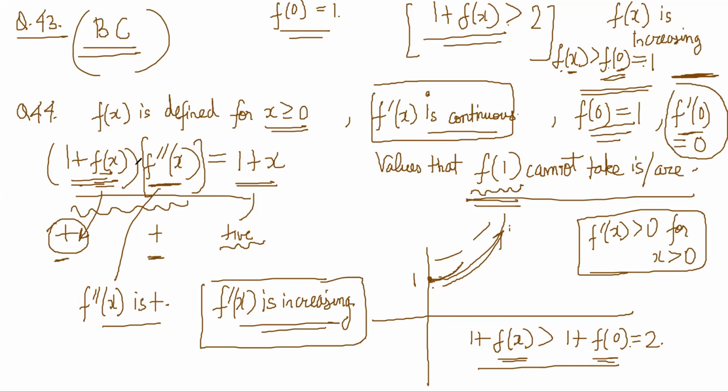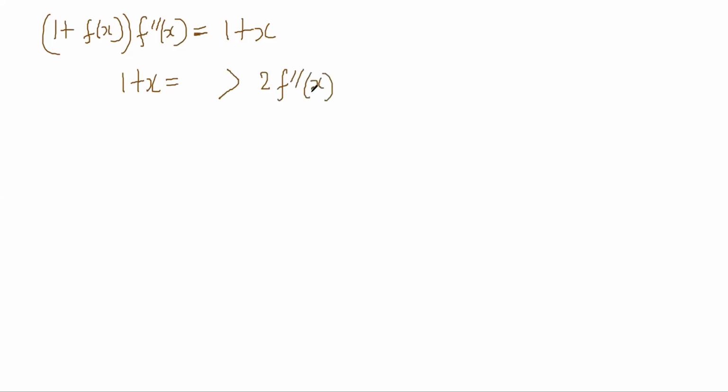We have (1 plus f(x)) times f''(x) equal to 1 plus x. So 1 plus x is greater than 2 times f''(x), right? Makes sense, because I am replacing this. So we have f''(x) is less than (1 plus x) by 2.